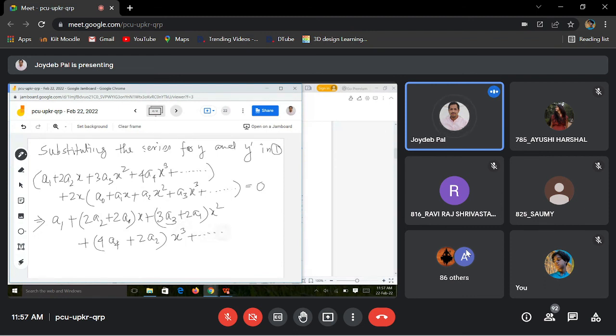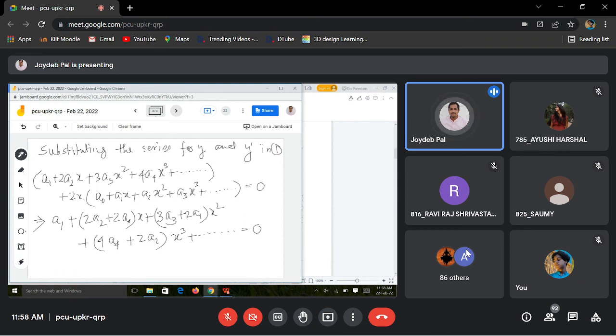You can write more. Okay. Now it is what? Left side it is a series, right side it is 0, and where the coefficients are some parameter. So it is an identity. Okay.